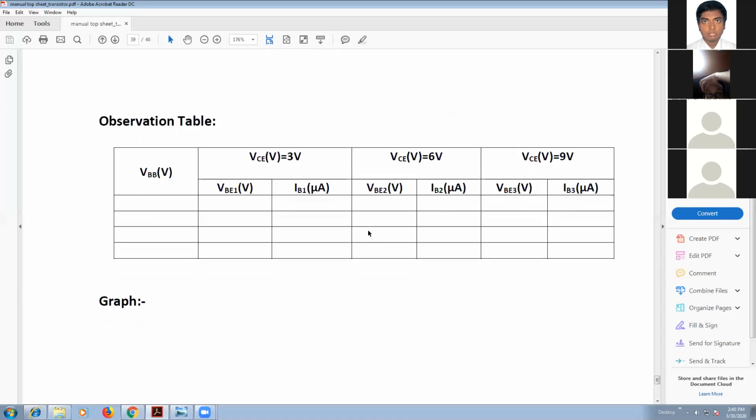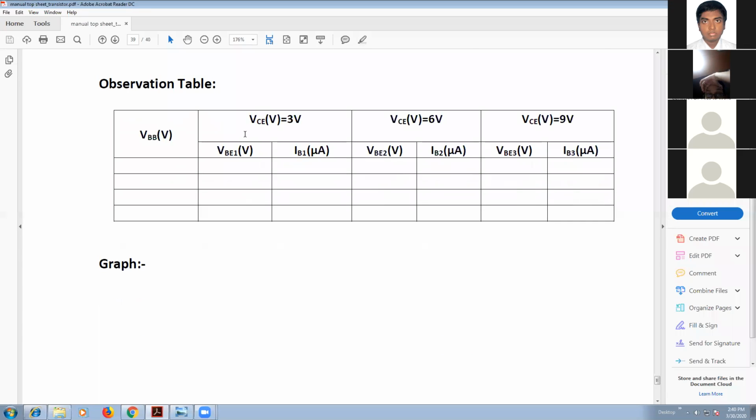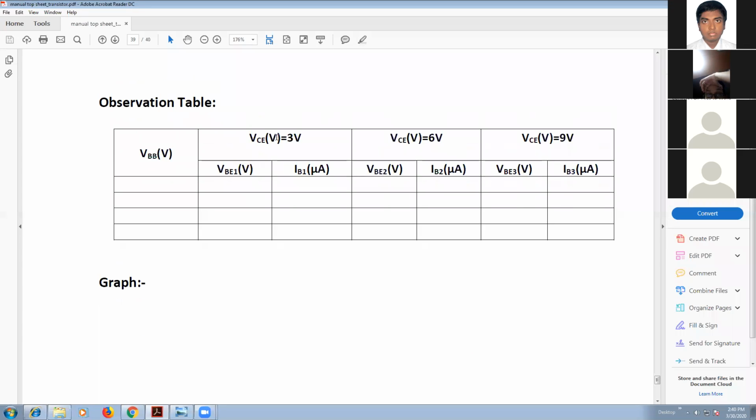Many of you already know about the observation table. You can see the observation table here.